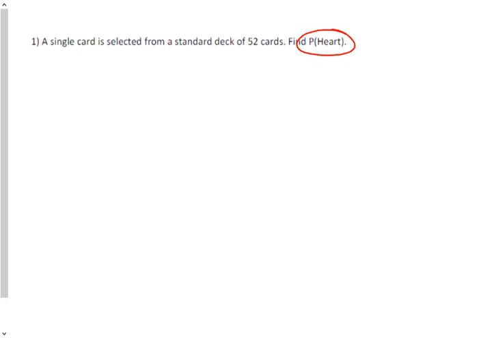So the probability of a heart is 13, the total of positive outcomes that will give me what I want, over the total number of options. So the total positive outcomes versus the total outcomes, and this will give me 0.25, which will make 25% chance. And we're going to put our probabilities in terms of percentages.